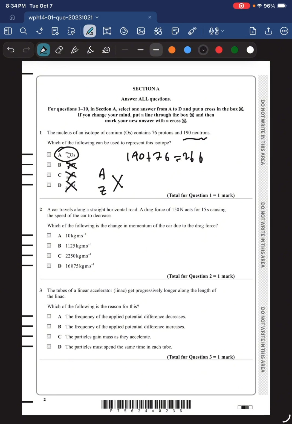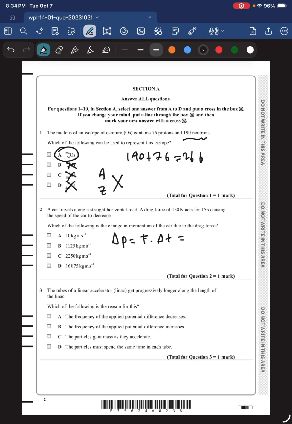Question 2. A car travels along a straight horizontal road. A drag force of 150 newtons acts for 15 seconds, causing the speed of the car to decrease. Which of the following is the change in momentum of the car due to the drag force? Okay, recall that change in momentum is equal to the force times the time for which this force was acting.